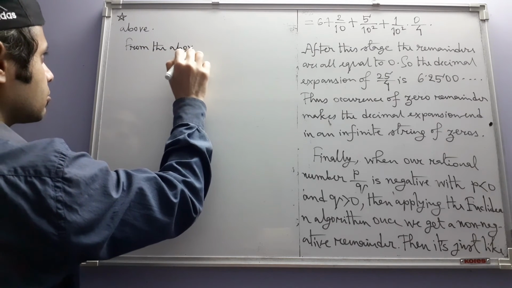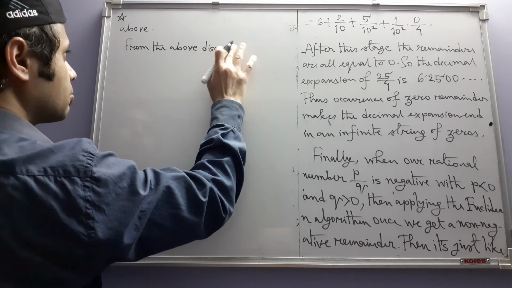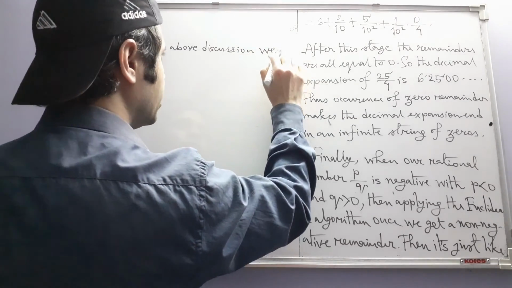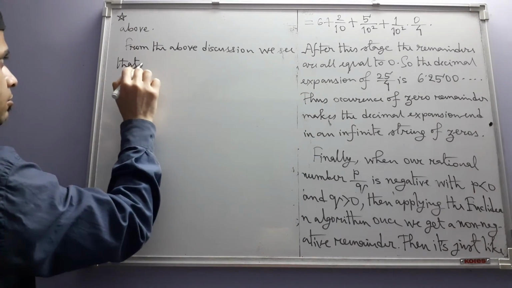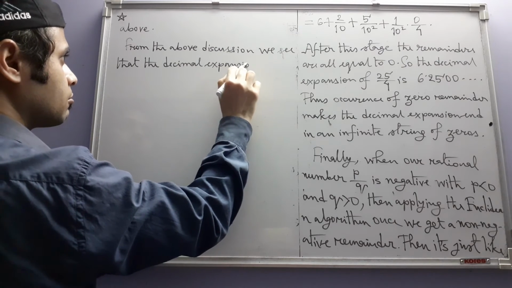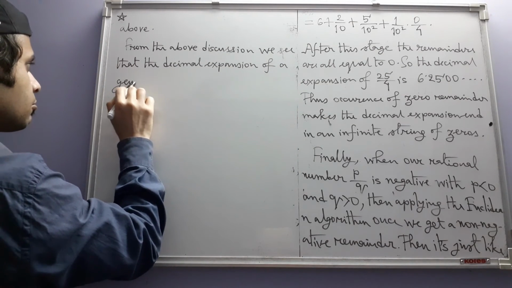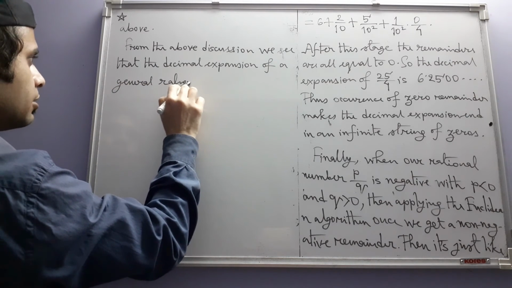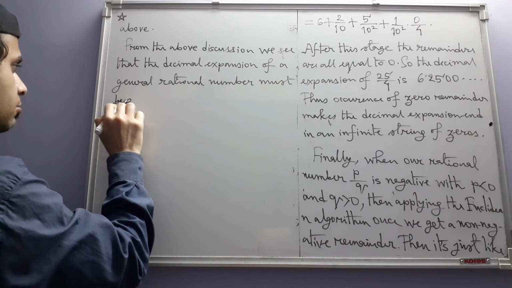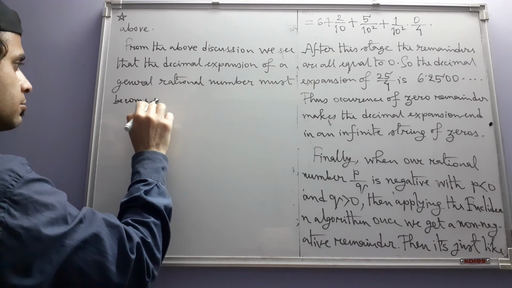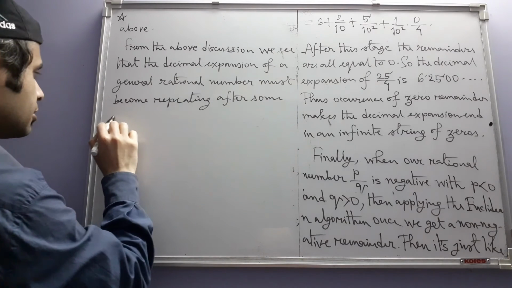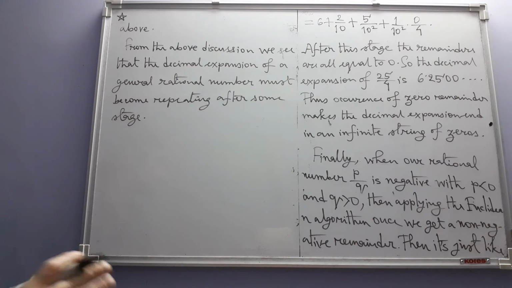From the above discussion, we see that the decimal expansion of a general rational number must become repeating after some stage. And that's what we wanted to show.